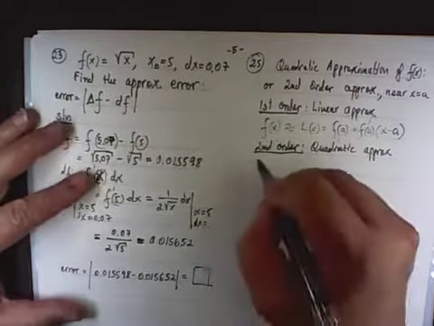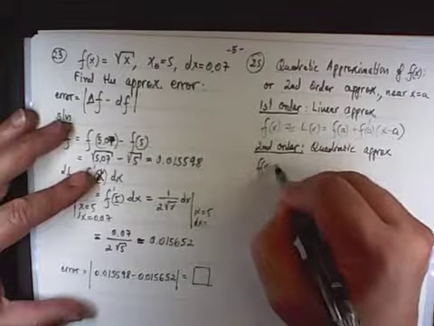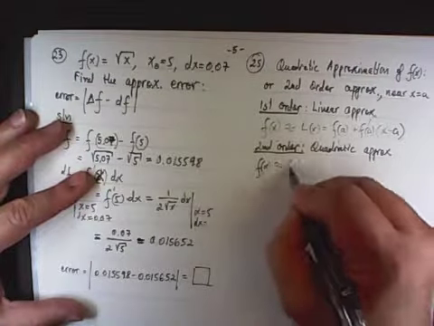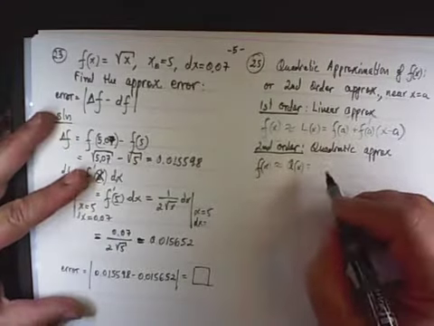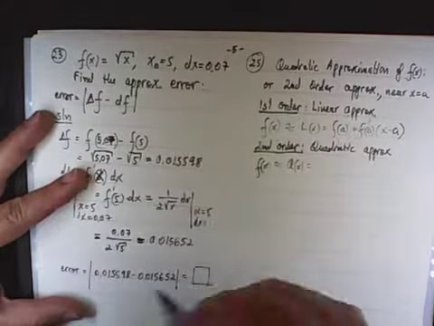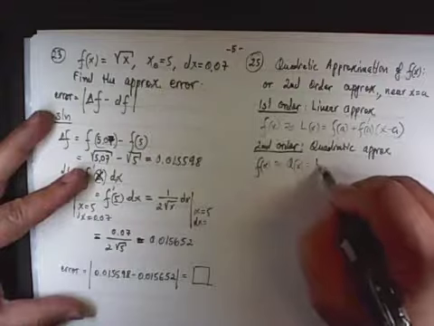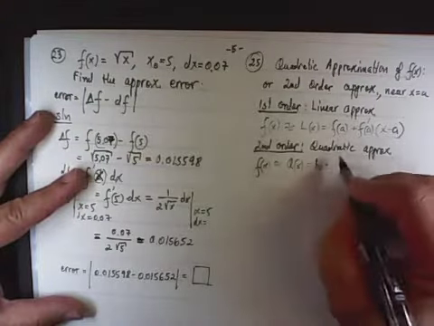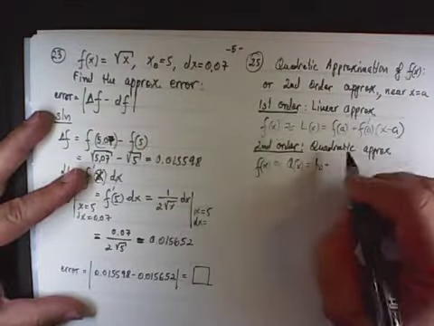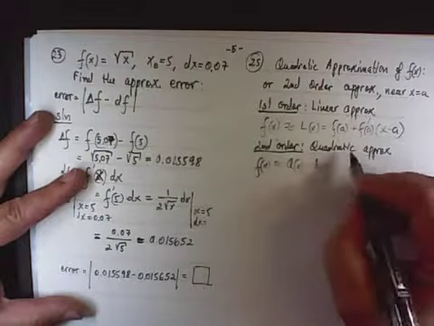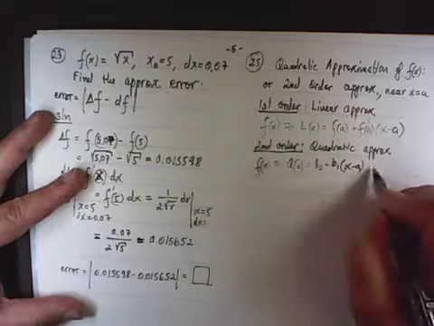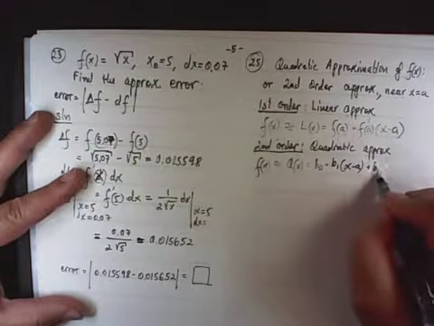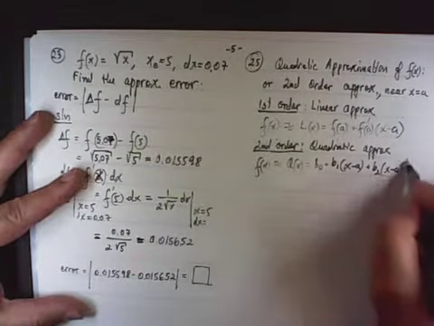We're going to say that f of x is approximated by, instead of L, Q for quadratic. And Q looks like this. I'm using this notation. It's b sub 0 plus b1 times x minus a plus b2 times x minus a squared.